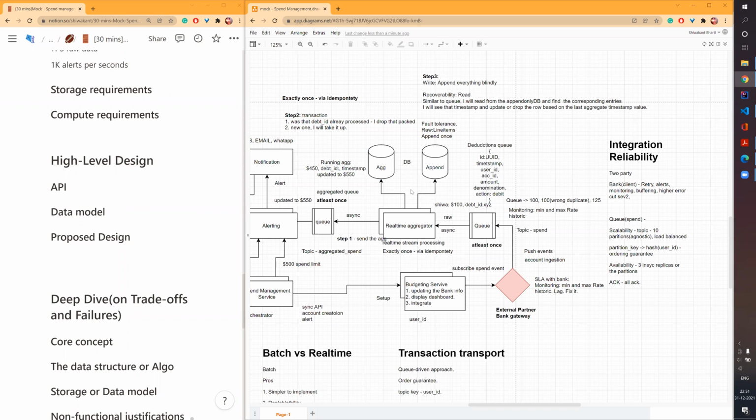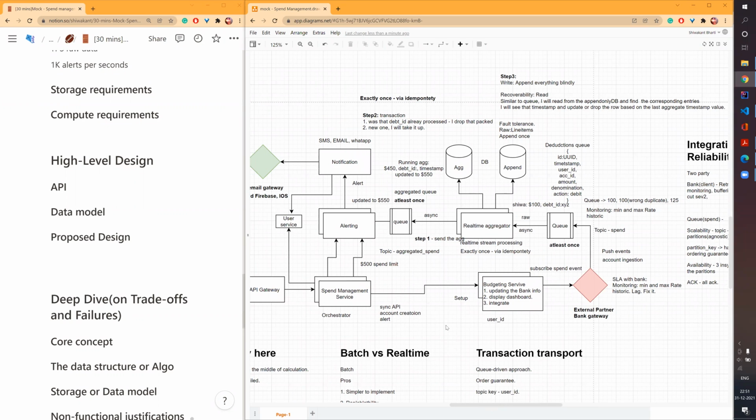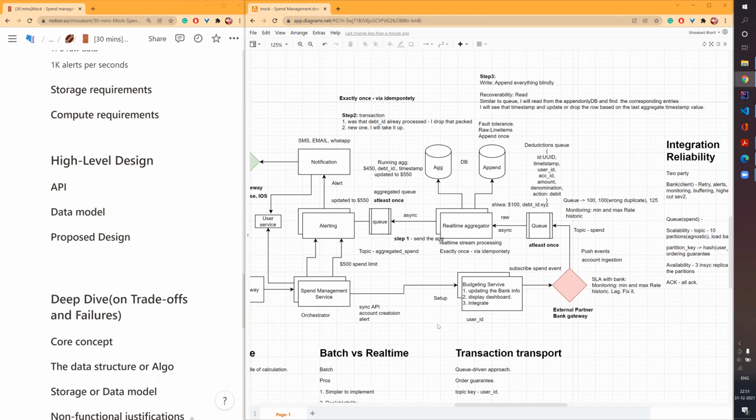And just one more thing, like if for some transaction, a real-time aggregator service is running a bit slower than for other transactions, then also there will be an order mismatch, right? When we are sending alerts, although I think we can live with that. No, it will not happen like that. Let's say the aggregator is running a bit slow. Suppose there are 10 partitions and one of the partitions is running slightly slow. Only those events will be processed a little slowly.